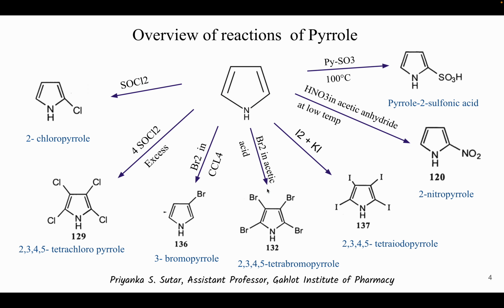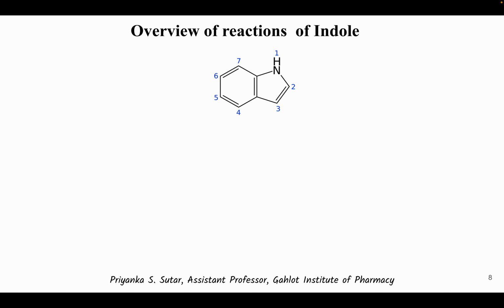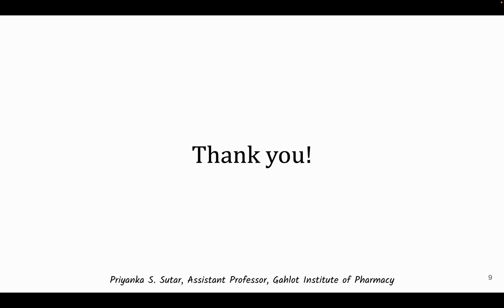You have to remember the basic rule: electrophilic substitution in pyrrole is at the second position, and electrophilic substitution in indole is at the third position. But there are some exceptions. So remember the basic rule and remember the exceptions. It is easier for you to remember.